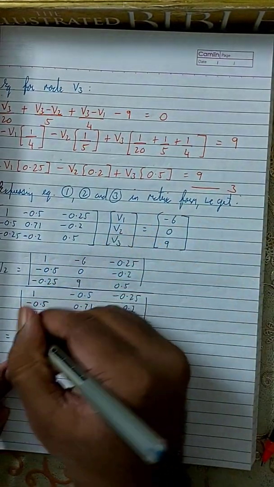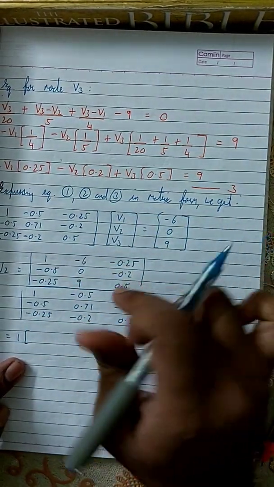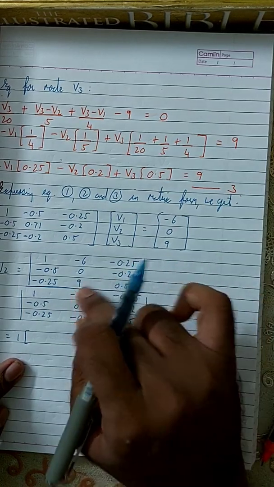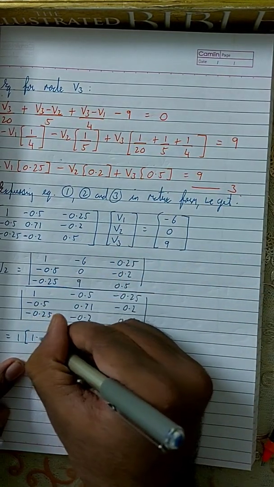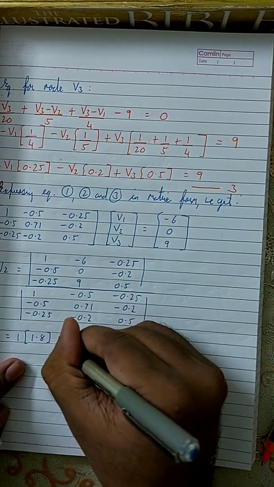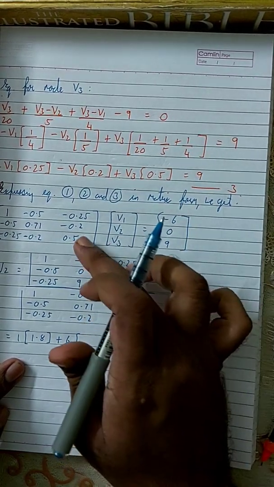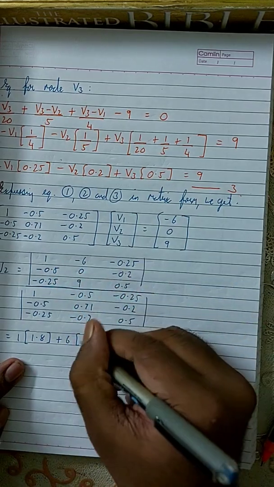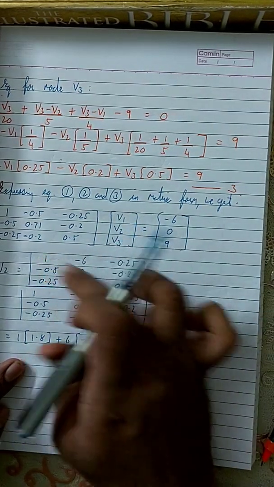Okay, so now I'm going to find the value. So let's start. So this is 1 into, this is 0 and this is 0, minus of minus is plus, so this will become 1.8, right? 9 into 0.2 is 1.8. Okay, minus of minus becomes plus, so this becomes plus 6 into, this is minus 0.5 into 0.5 is minus 0.25, right?